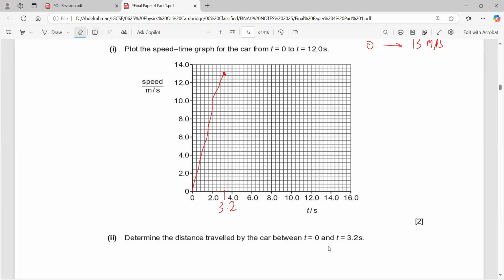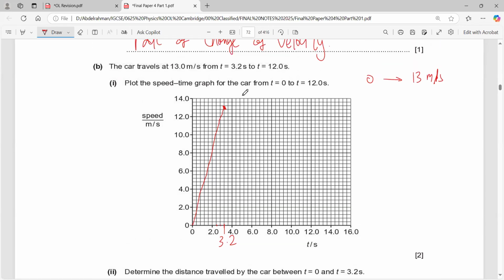Of course, using a ruler. What I'm doing is messy, but you understand. So this is the first mark. What does the second mark say? He was moving at a constant speed. The car travels at 13 meters per second from 3.2 to 12 seconds. So until this point it was moving at a constant speed.